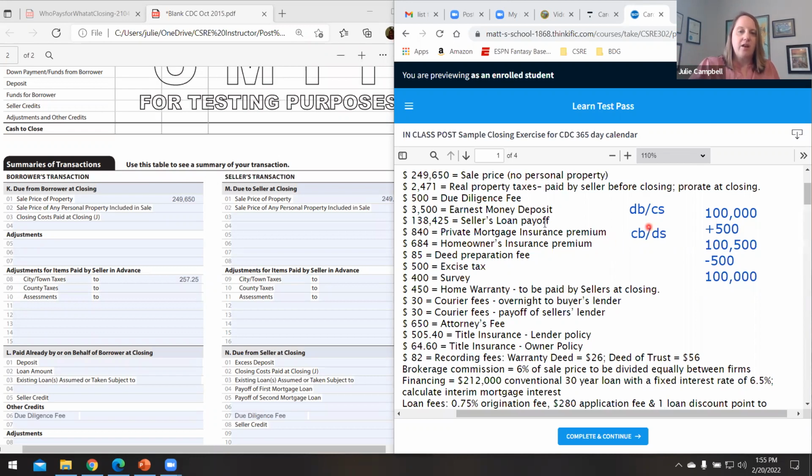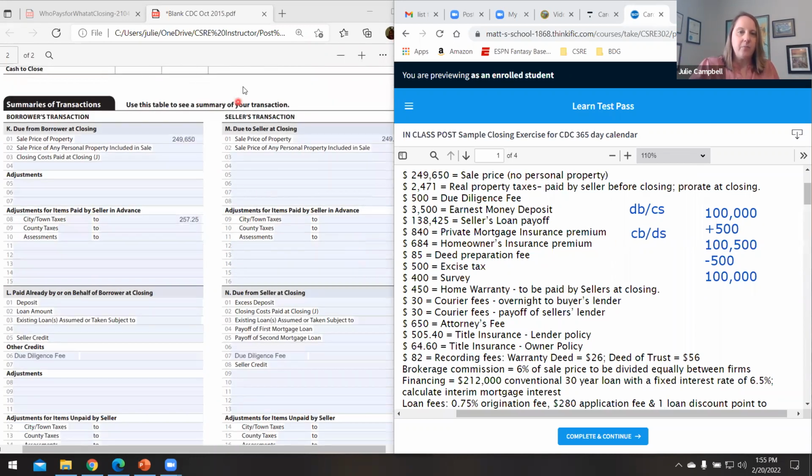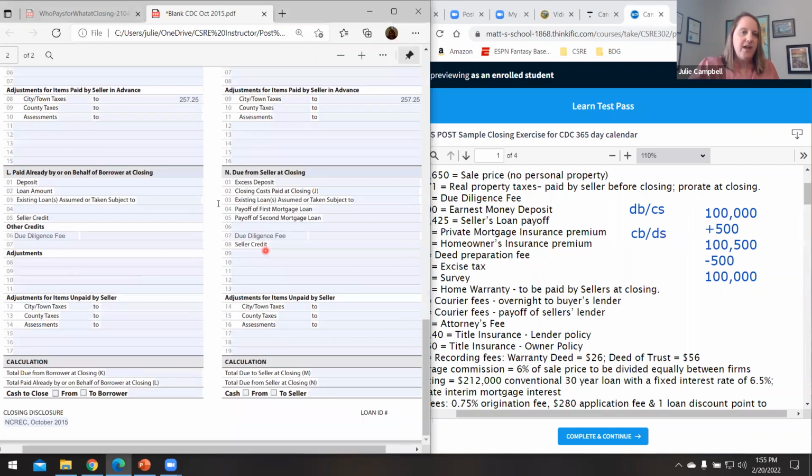So now it's going to be a credit the buyer, debit the seller. If we come down to L as in Larry, paid already by or on behalf of the borrower, and N as in Nancy is our due from seller. You see L6 is the due diligence fee, credit the buyer $500.